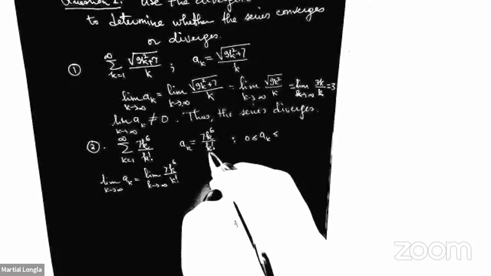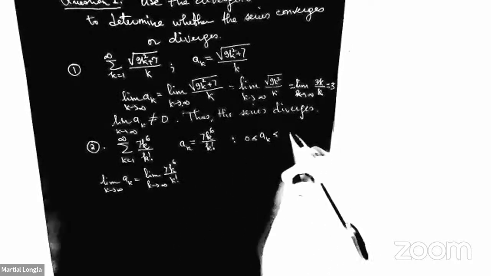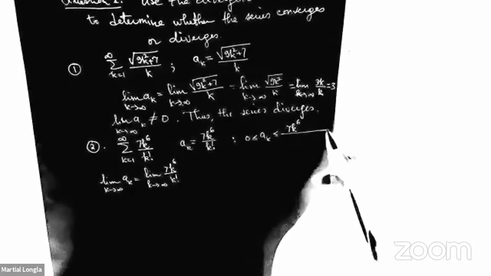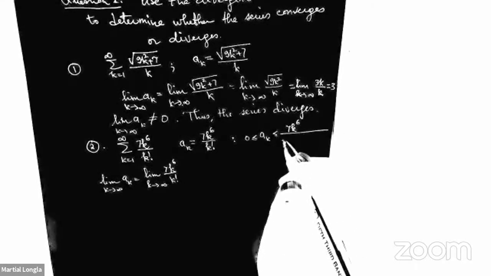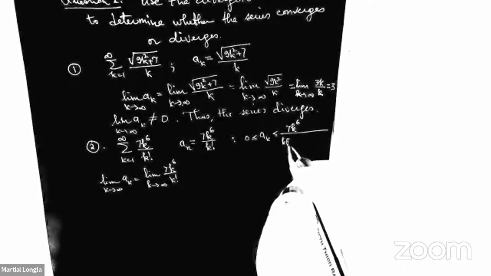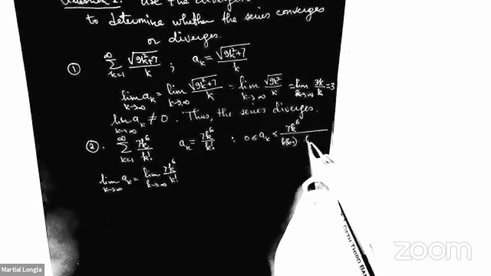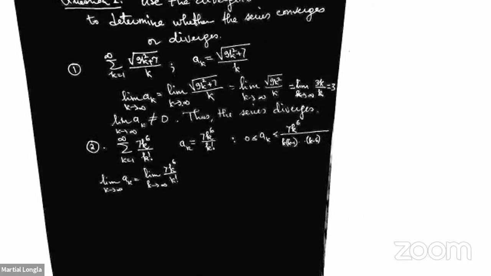For k factorial, you can say this thing is 7k to the 6 over, and here you can say k times k minus 1 all the way down to k minus 6. Why?